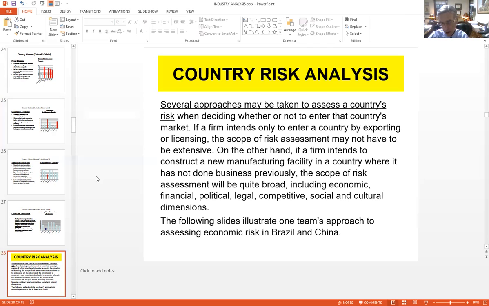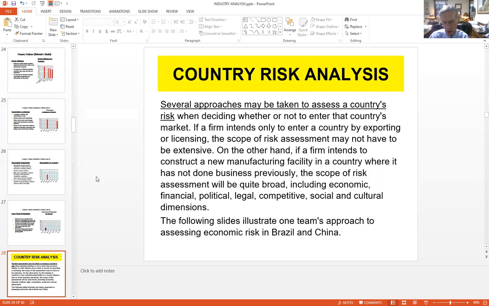That's not what I'm going to show you, but I mention it because it's different from what I am going to show you, and there are several other methods as well. And so when you're thinking about assessing the business risk of a country, go search for a variety of methods, because there will be one method that is most comfortable for you to use.